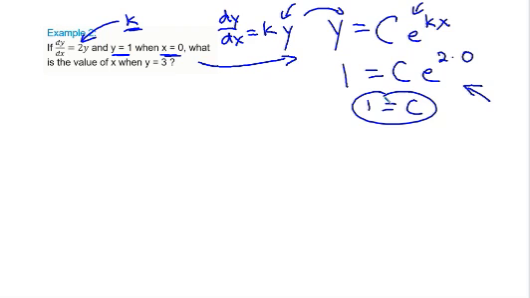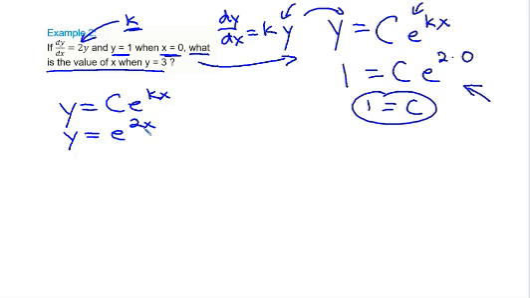We're still not done. We just have enough information to move forward because it's asking: what is the value of x when y equals 3? Well, if we use our y equals c e to the kx, I now know what c is. So I have y equals e to the 2x, because my c value, remember, is 1.